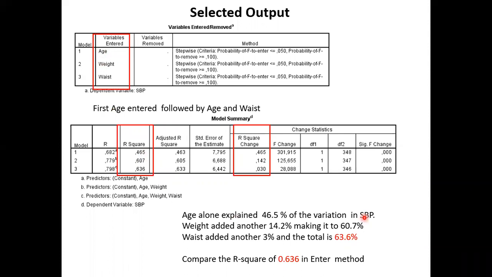Next, what's model two? Age and weight. So this is age alone, R square. This 0.142 is over and above age. How much does weight contribute? Age already contributed 46%.